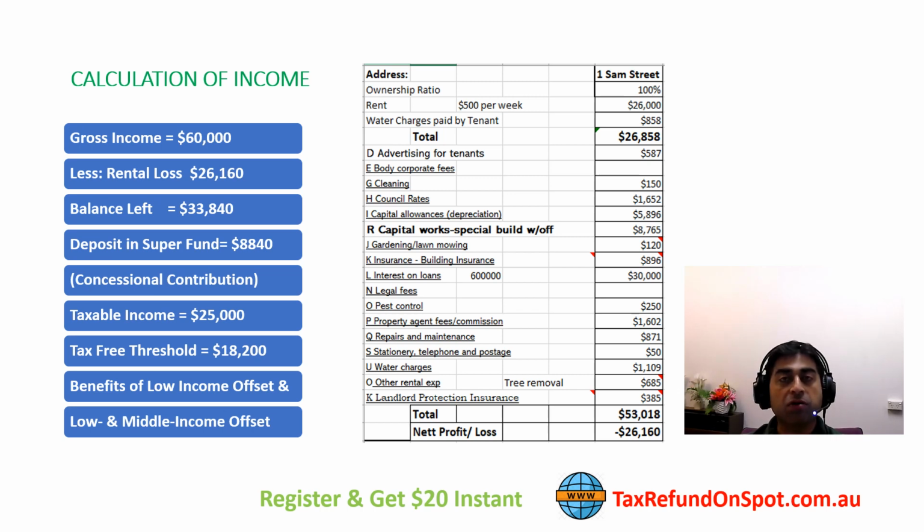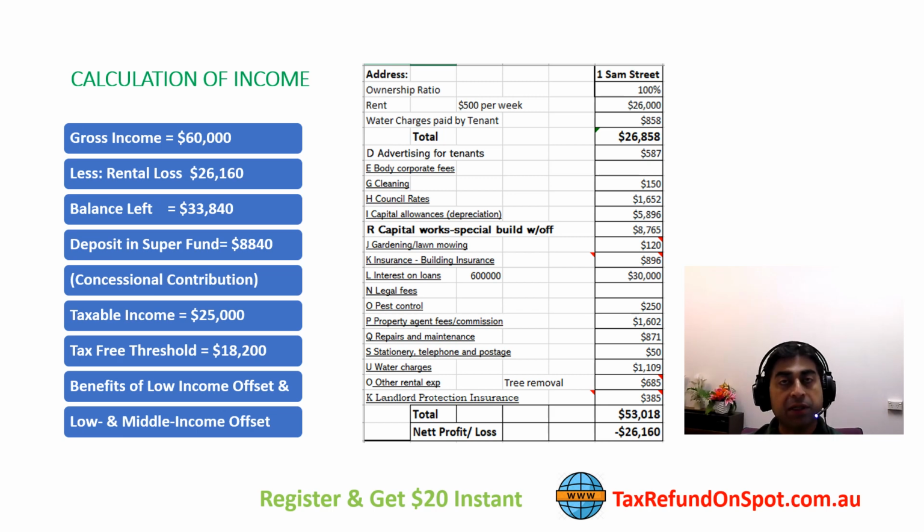So his actual out of pocket is not a 26,000 loss, it is only 11,000, because he has depreciation of about 14 or 15,000. So how will we calculate his tax liability? His gross income is 60, rental loss of 26, balance taxable income is 33.